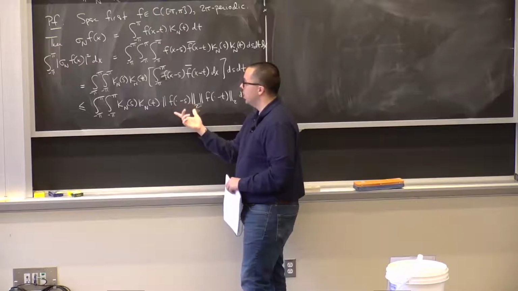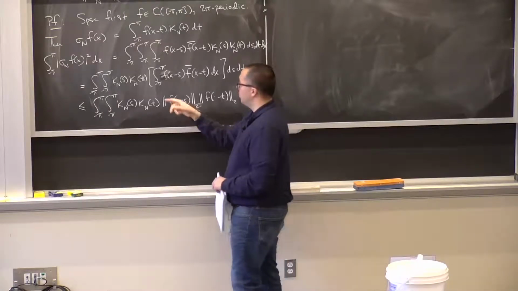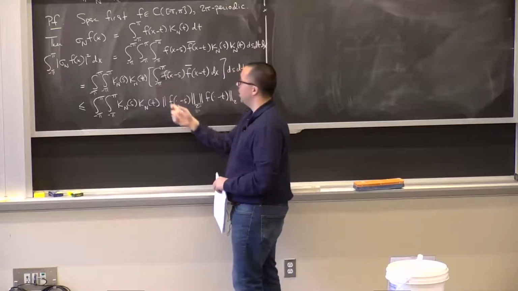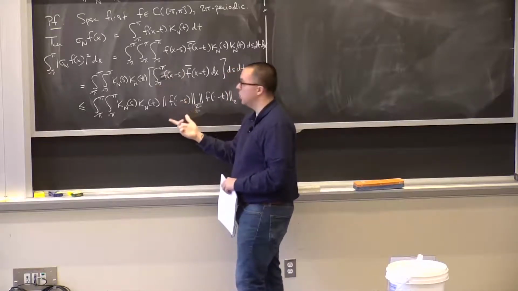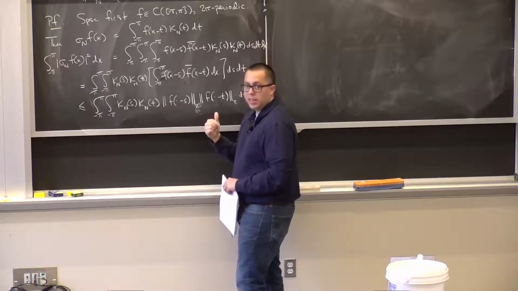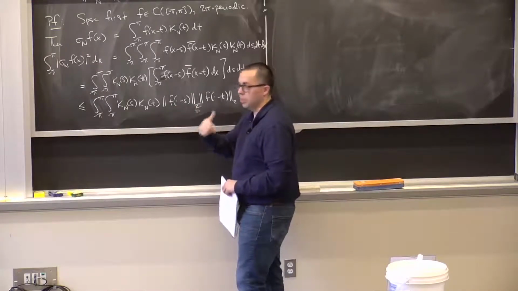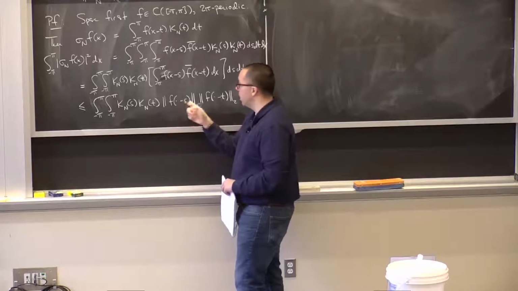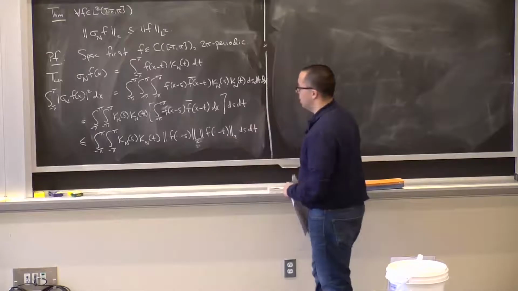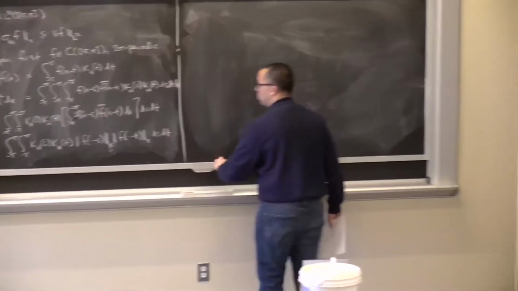Now, this is the integral of a function over an interval of length 2 pi that's 2 pi periodic. That's equal to the integral of that function over any interval of length 2 pi. So I can, in fact, remove this s and remove this t, and just pick up the L2 norm of f in both places.